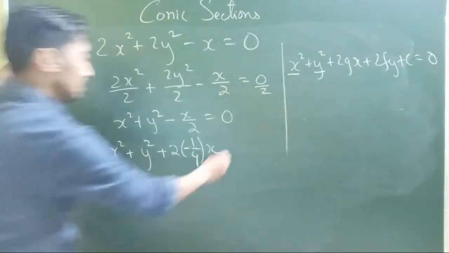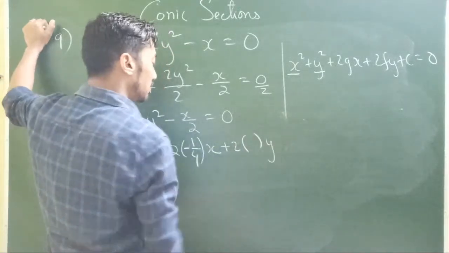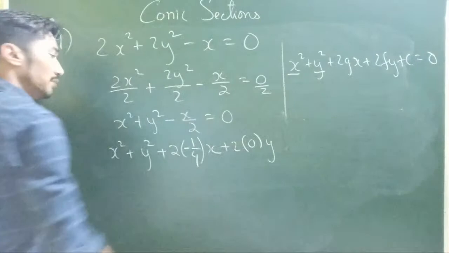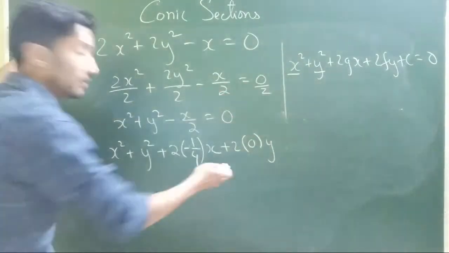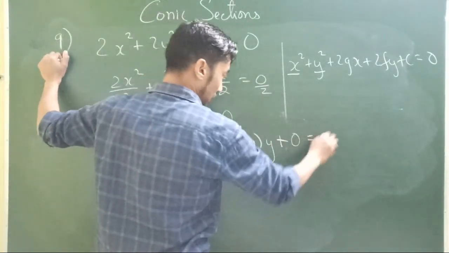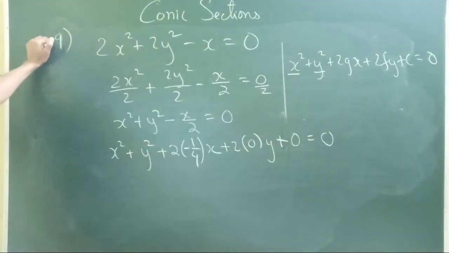That's fine. Plus twice of fy. There is no y term here. That means y is not 0 because that's the general form, so the f value is 0. Plus c value we also don't have, so the c value is also 0. Alright, converting it into the general form.